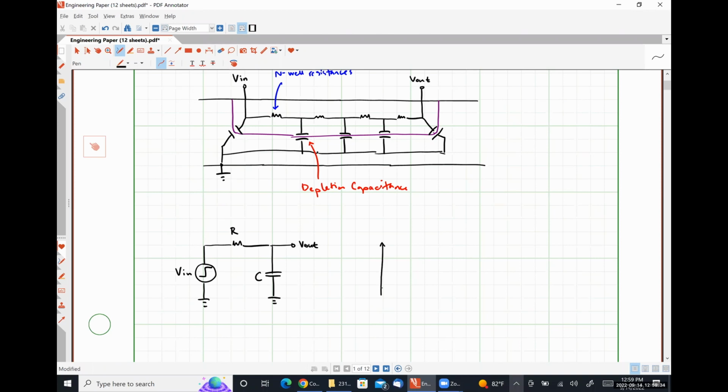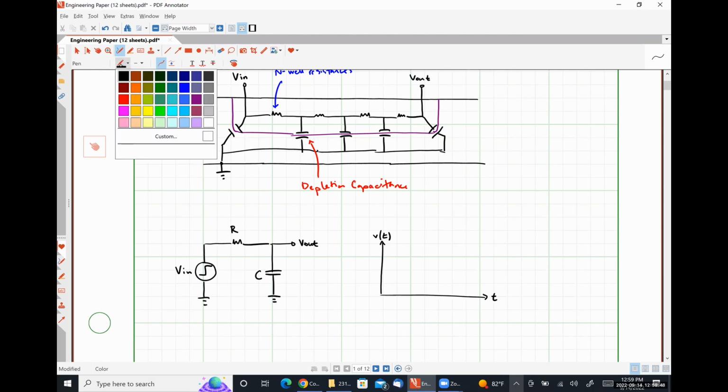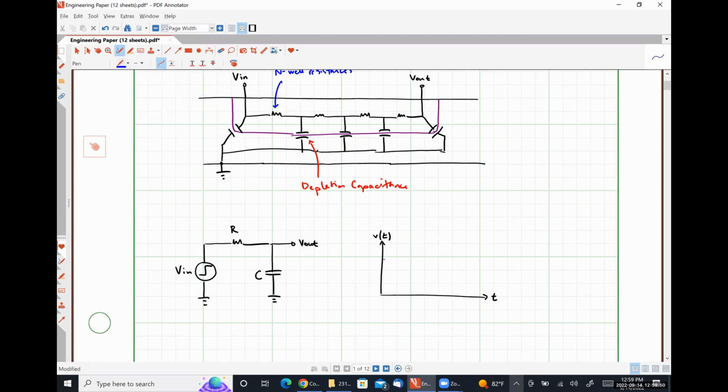What we would expect to see, and so this is our voltages as a function of time, and this is our time axis. So what we would expect to see is our input voltage waveform would look something like this in blue.